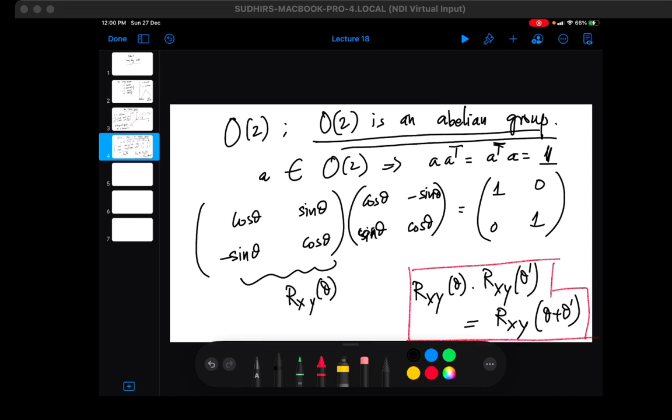From this particular format, you can get it just from R of x y. Let's expand it for small theta. Then we can easily see what the generator is. There are other ways of doing it as well.